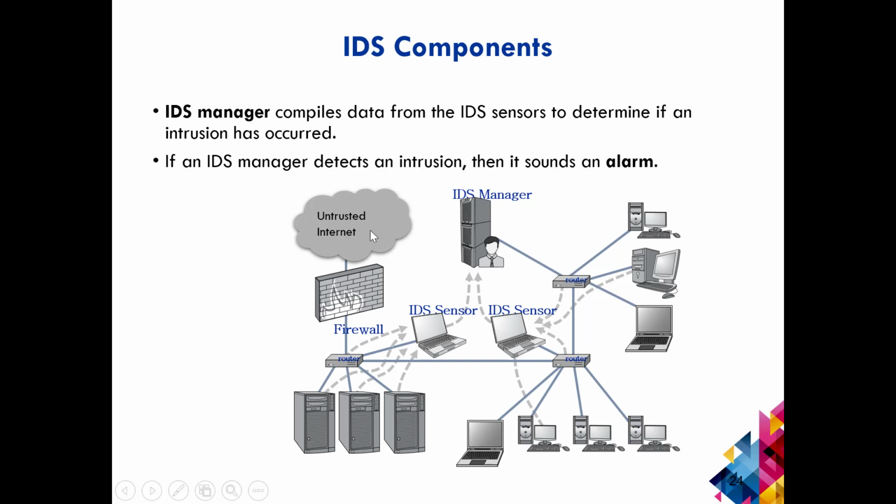Anything that comes from outside needs to pass through the firewall, and then maybe it is not successfully filtered or is unidentified, especially UDP traffic, and then we have the IDS sensor.